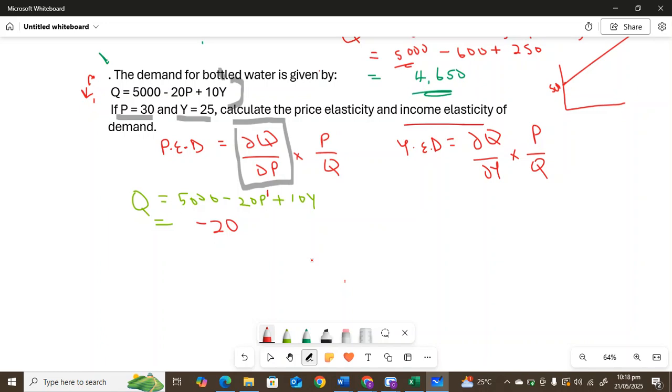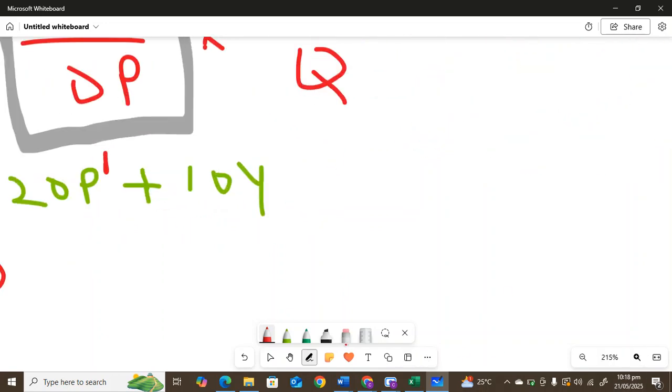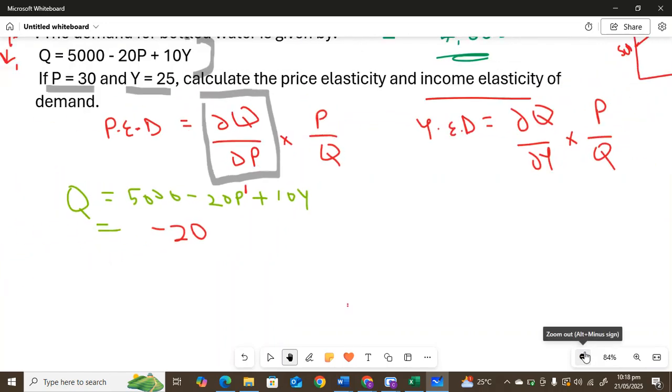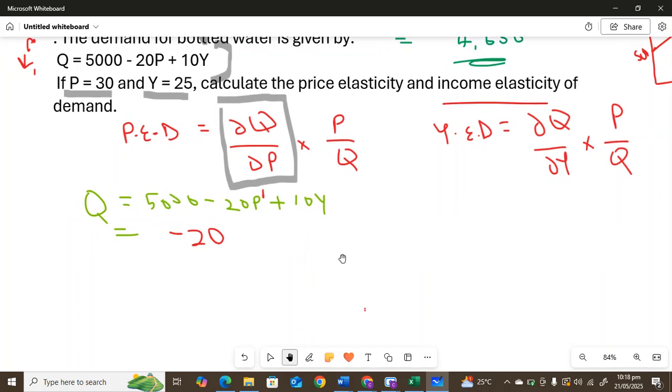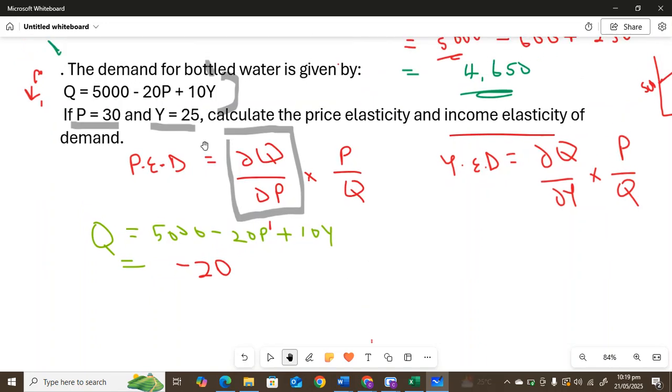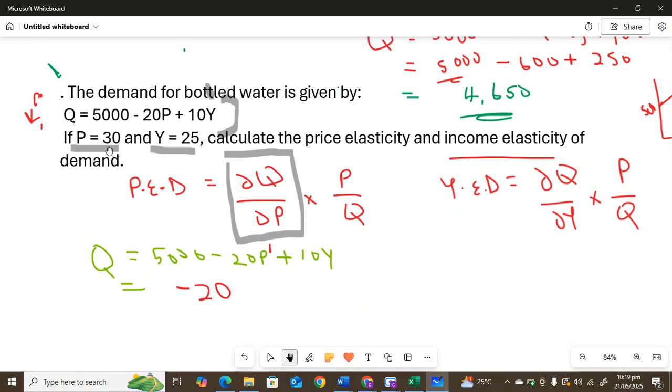Colleagues, are we okay with how the 20 came about? Partly the reason is because here you've only got one price.